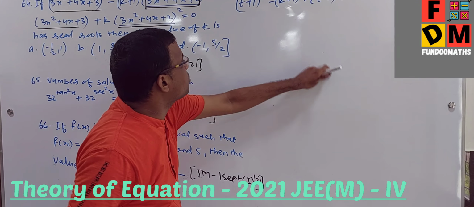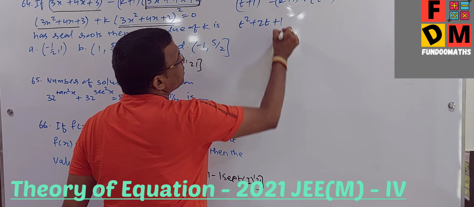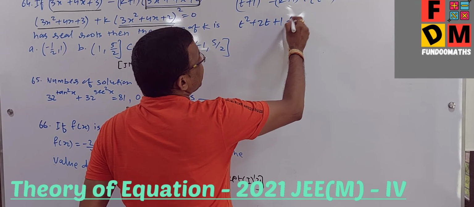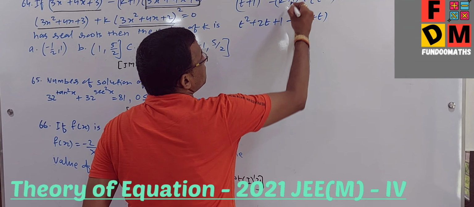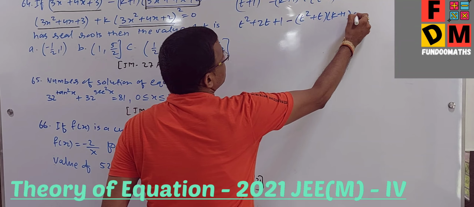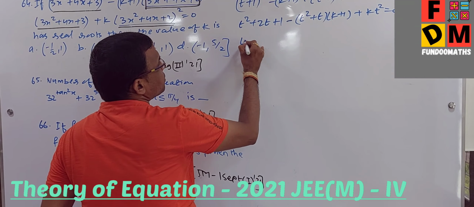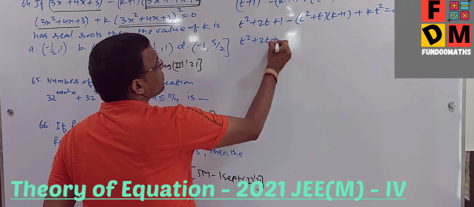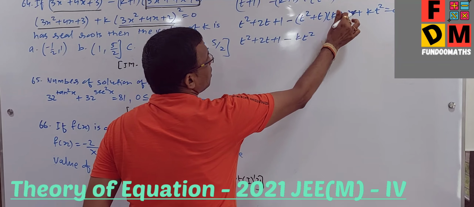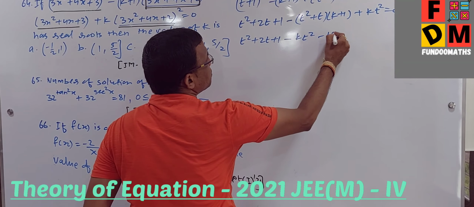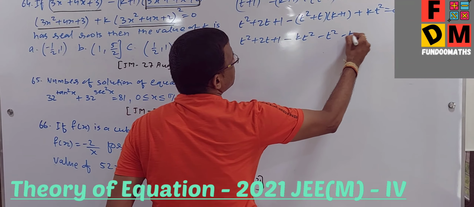Now let me just solve it quickly. So it's t square plus 2t plus 1 minus t square plus t times k plus 1 plus kt square is equal to 0. Fine. So it is t square plus 2t plus 1 minus, see this kt square, 1t square, then minus t square. Then tk but negative, so minus tk.